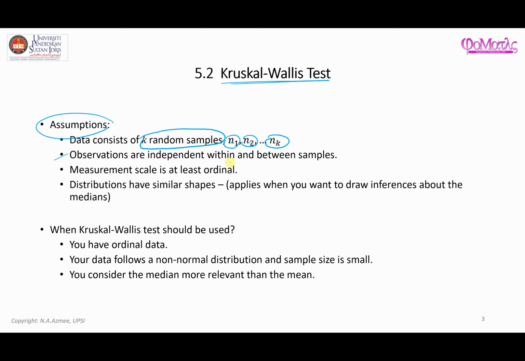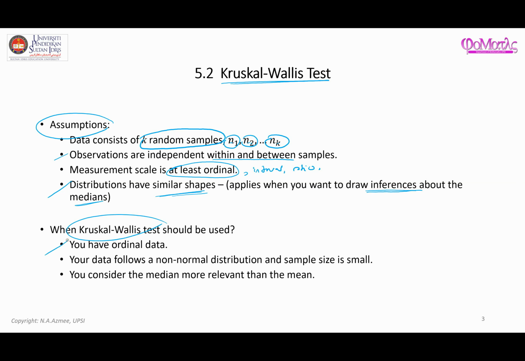Observations are independent within and between samples. The measurement scale is at least ordinal, so it can be ordinal, interval, or ratio. And distributions have similar shapes, which is particularly important if you are interested in drawing inferences about the medians.